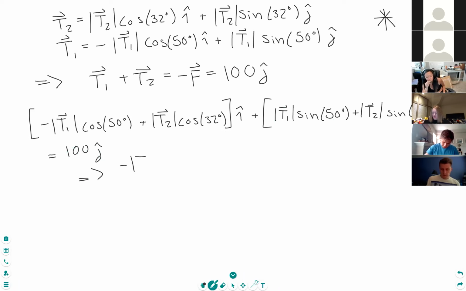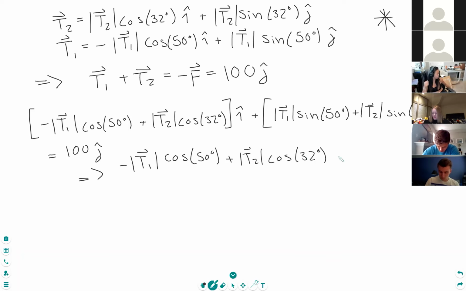We get that the negative magnitude of T1 cosine of 50 degrees, plus the magnitude of T2 cosine of 32 degrees is equal to 0.